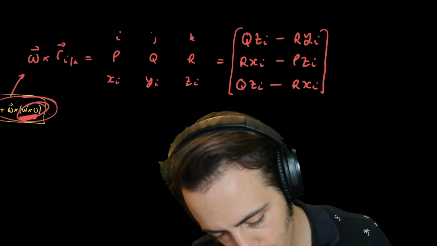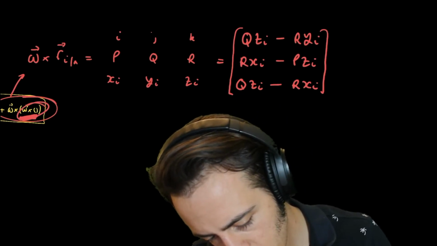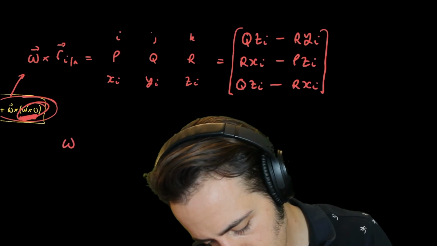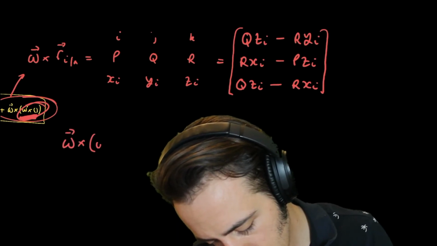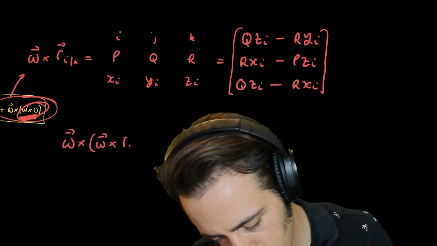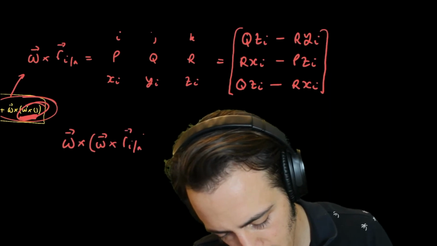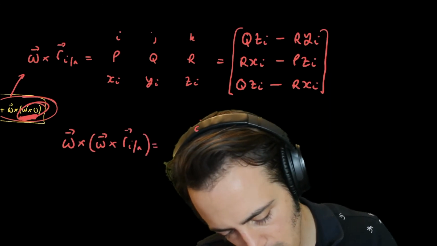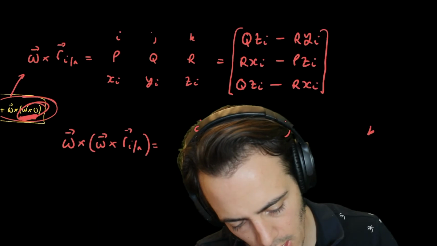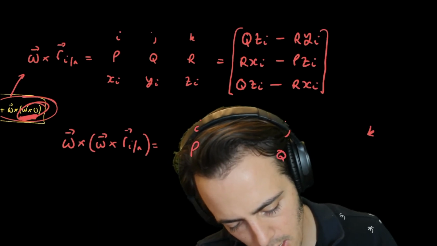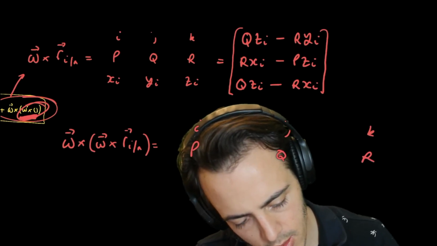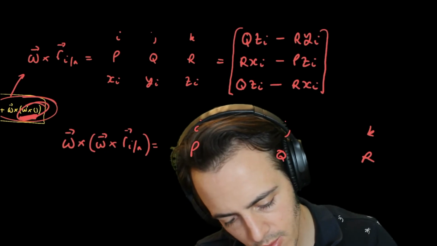We now need to do omega crossed with this. So we need to do omega crossed with omega crossed with R I on A is equal to I, J, and K, P, Q, and R. And let's bring these terms down.